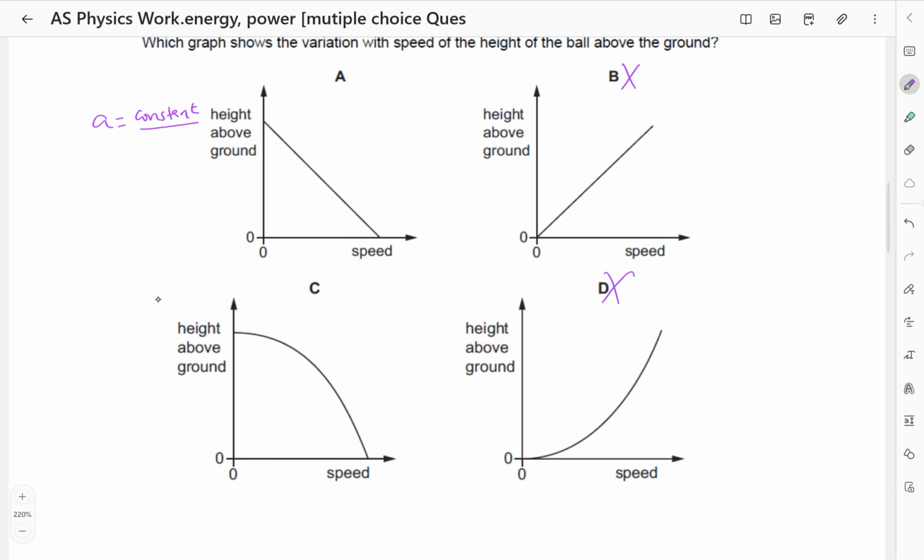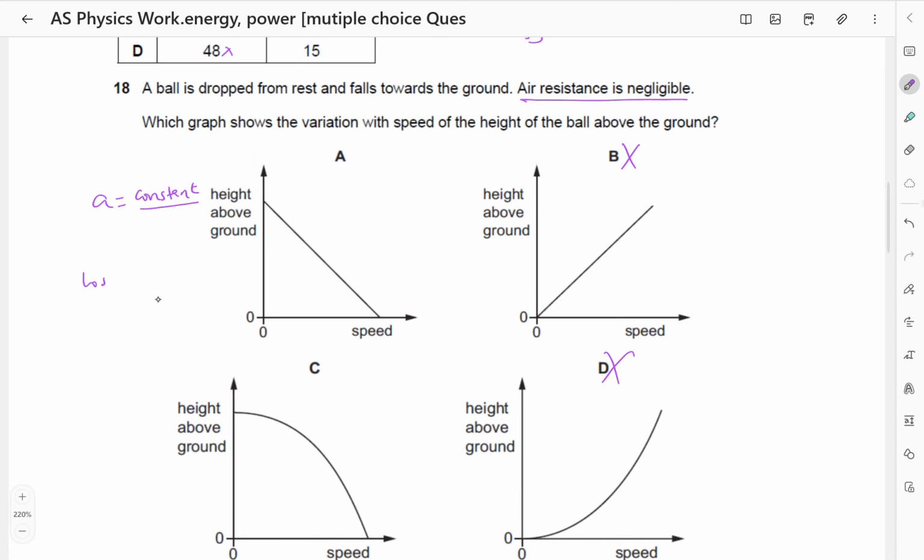Let's check this using loss in gravitational potential energy is equal to the gain in kinetic energy. So mgh is equal to a half mv squared. Because air resistance is negligible, the loss in gravitational potential energy should be equal to the gain in kinetic energy.